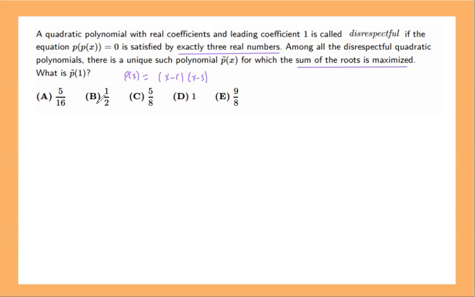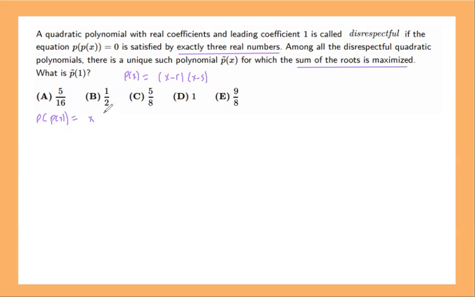Okay, and if I want to do P of P of X, let me write this as well. Whenever I see X in this equation, I will replace it with the whole P of X, because that's basically what we do with the composition of functions.